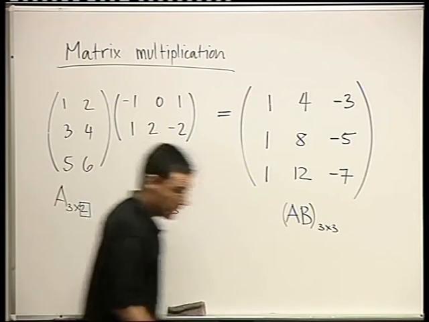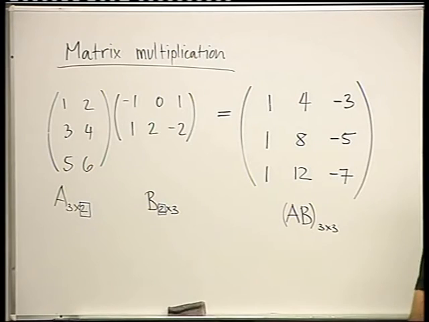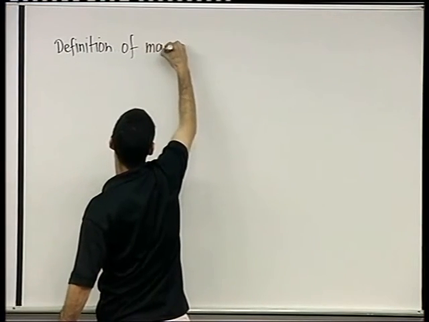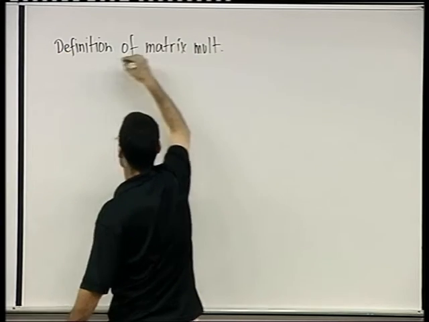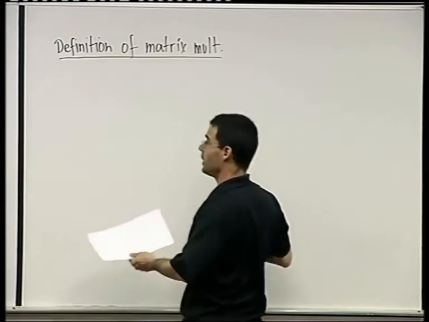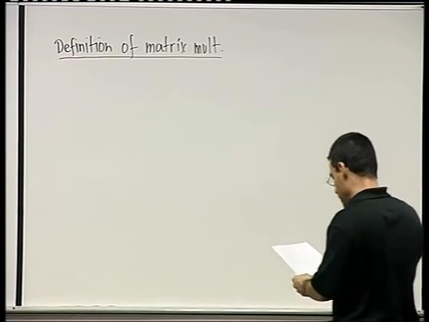Okay? So, let's write the formal definition of matrix multiplication, which is the weirdest thing you've ever seen, unless you've seen it before. Even then it sometimes looks weird.